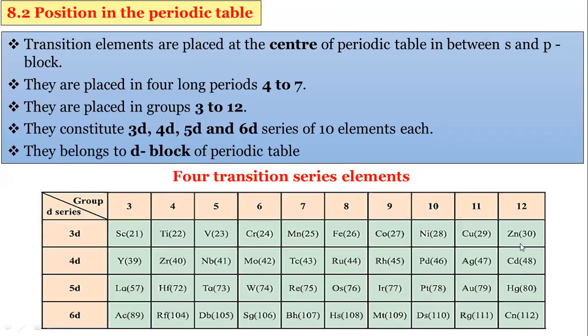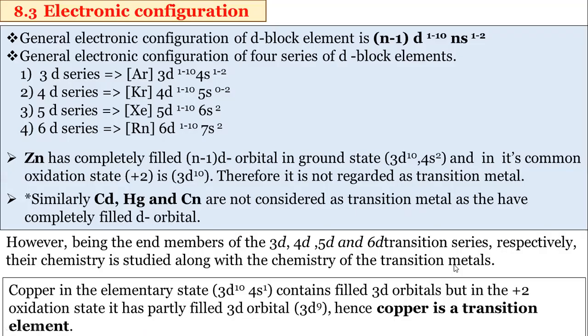See here, zinc is the last member, then cadmium, then mercury, and copernicium, because the d orbital is completely paired. 10 electrons are there in each, but only the series changes. This is the 3d series, this is the 4d series, this is the 5d series, and this is the 6d series. Only this is the difference.